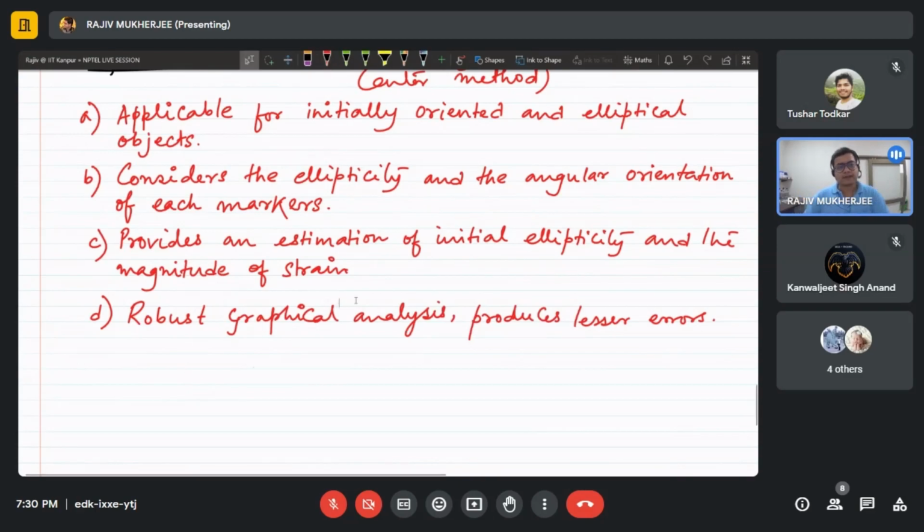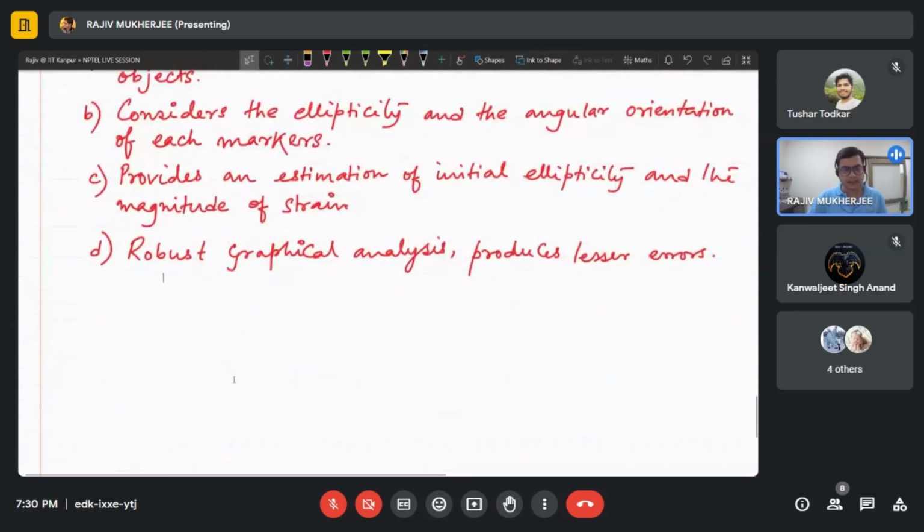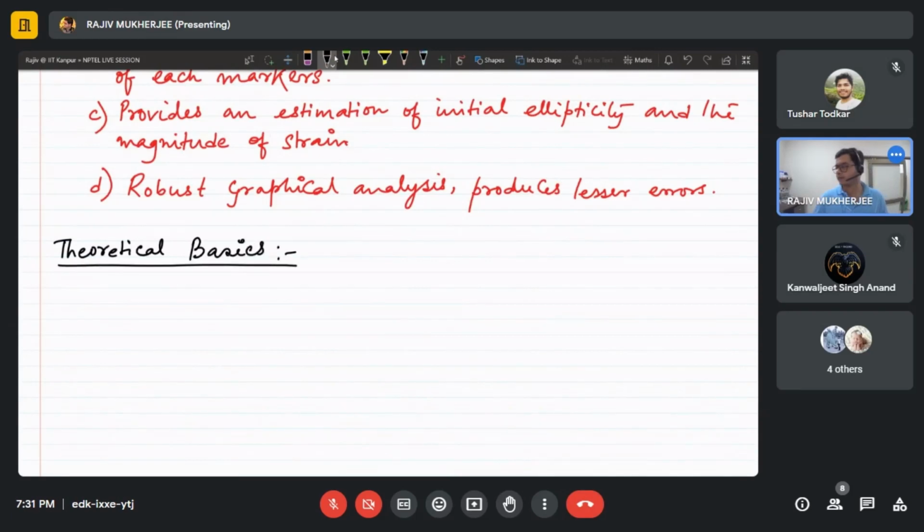Now we will initially discuss the fundamental theory of the RFI method and how it is done.